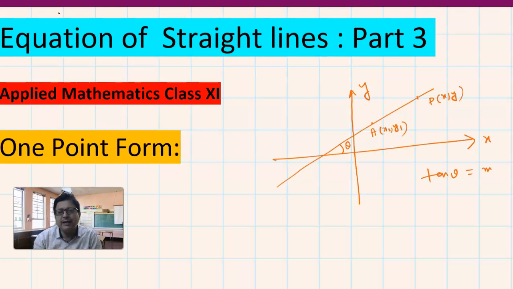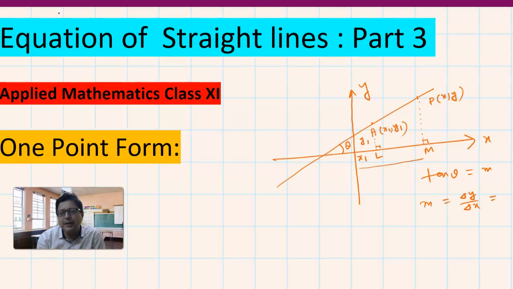the slope of the line can be deduced by using this formula also, that is delta y by delta x. That is change in y by change in x. For this point and for this point, if the perpendicular is AL and here the perpendicular is PM, this length you know x1 and this is y1, AL is y1.